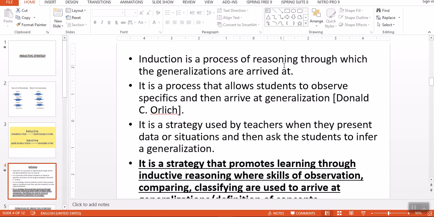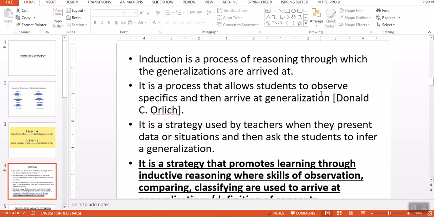Inductive strategy is a process of reasoning through which generalization is arrived at. It is a process in which we look at the examples, we try to reason out, we try to formulate a hypothesis, and then finally we try to generalize it, and that is what we call the inductive process.